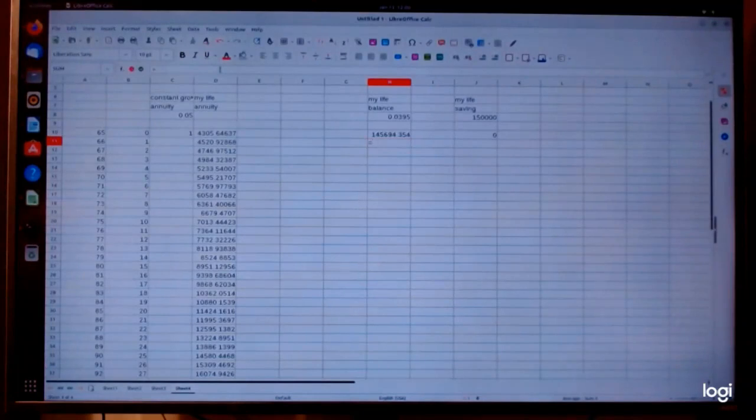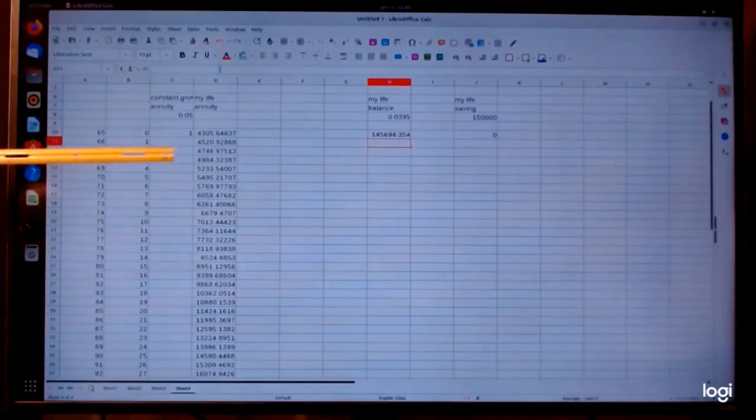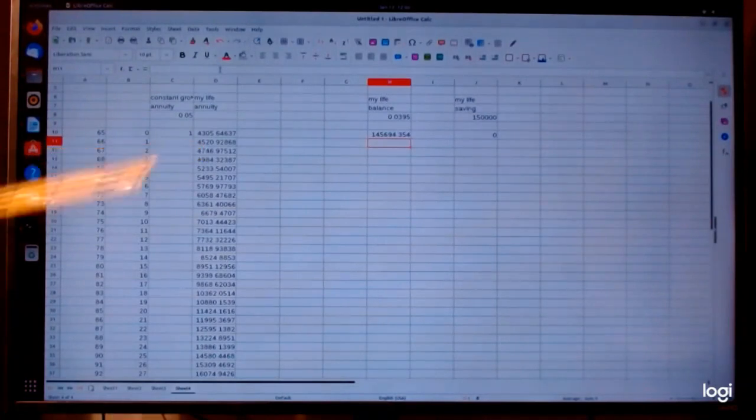And the next year it will be what, H10 times 1 plus H8 minus D11. Oops, what did it equal? H10 times, I must have hit the wrong button.